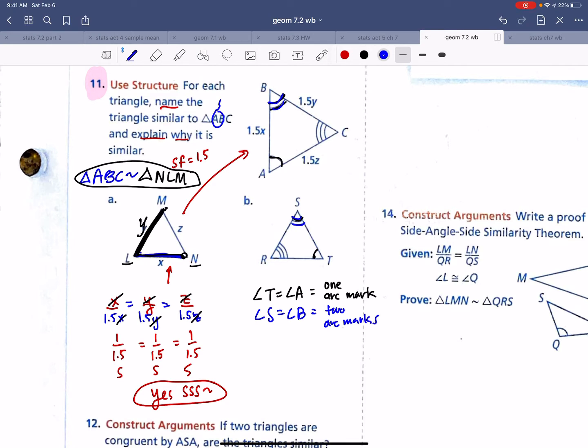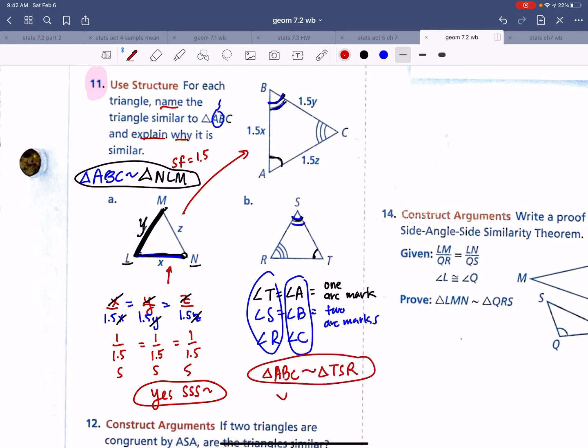Then that only leaves us the last angle, angle C, and the last angle, angle R. So we just have to make sure we order these in the same order, right? Triangle ABC is similar to triangle TSR because of angle similarity. Cool.